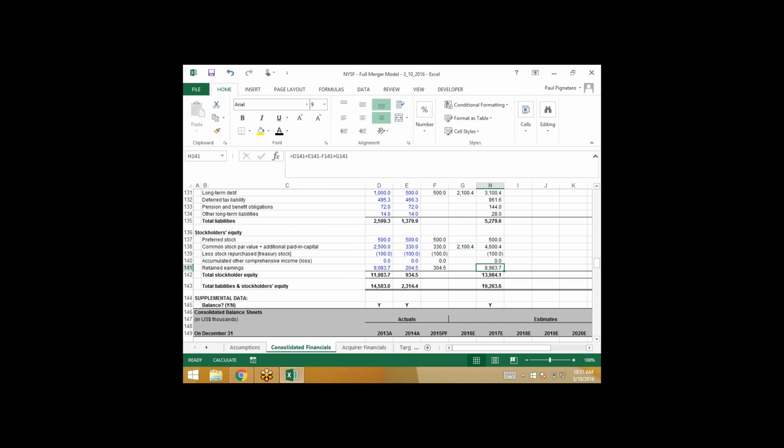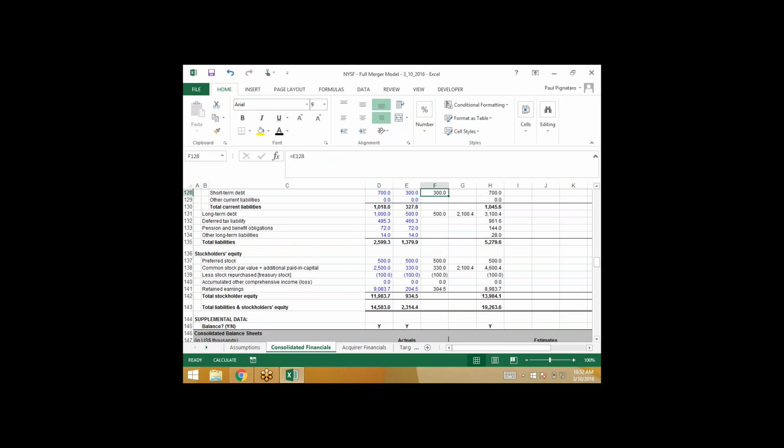Does that make sense? F141. And this should make sense.